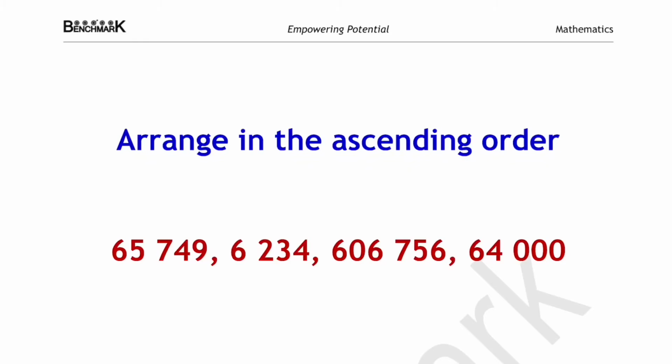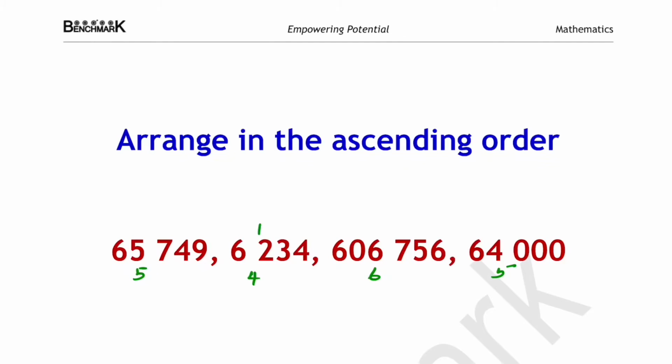We need to arrange in the ascending order. Ascending order means smallest number first and the biggest number the last. I am first looking at the number of digits. Write it with me. I am writing the number of digits in each number. It's 5 here, 4 here, 6 here, 5 here. Alright. So you can decide what the smallest number is.